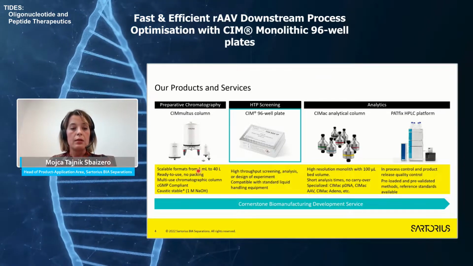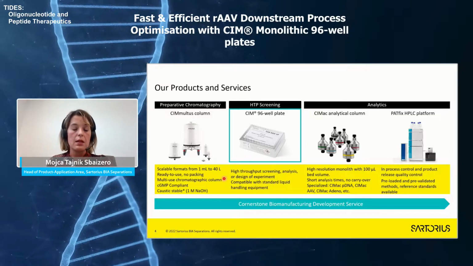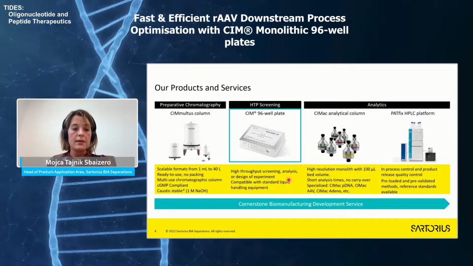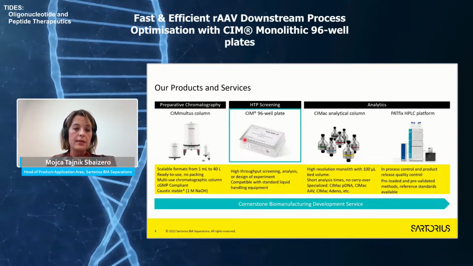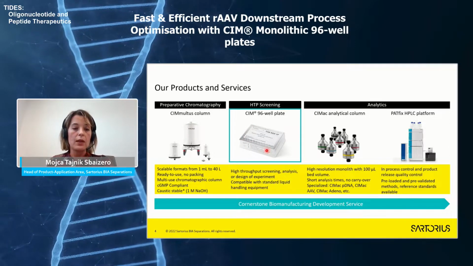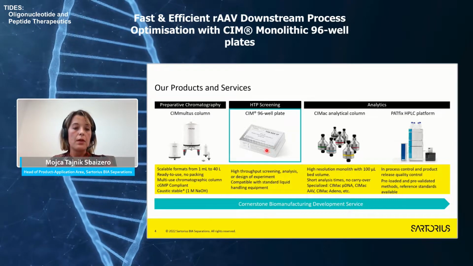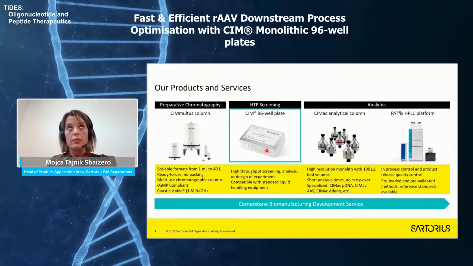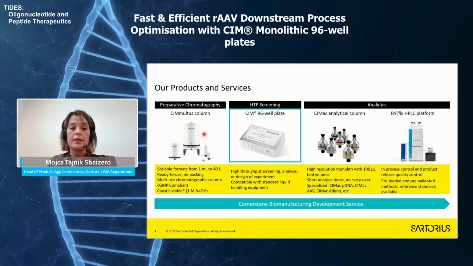Another product that we will talk more about today is the CIM Monolithic 96 well plates. This product has 96 wells, and each well contains a small monolith that has the same material as the large preparative chromatography columns.